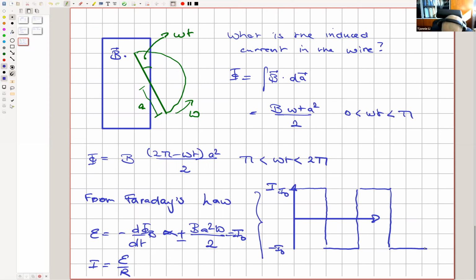So this is one way in which you could experimentally test Faraday's laws. Okay, this is a good moment to take a quick break.